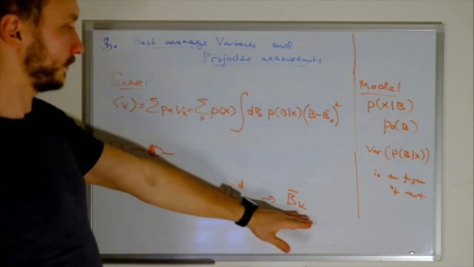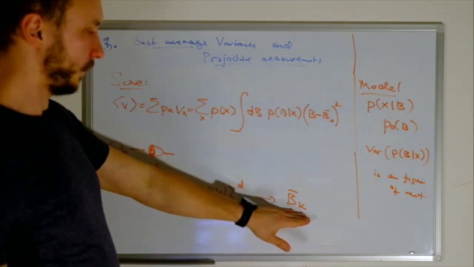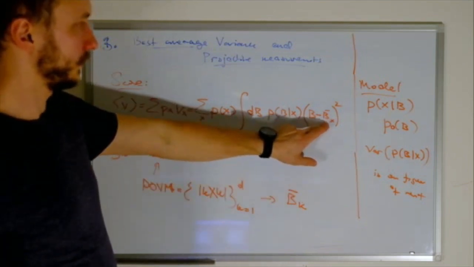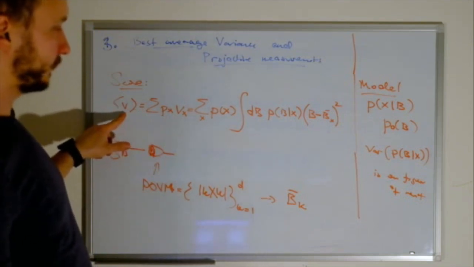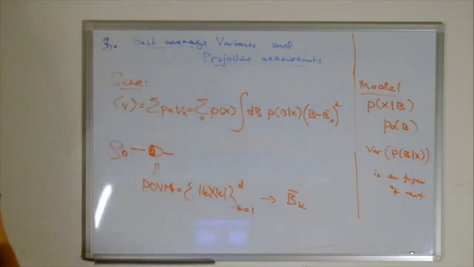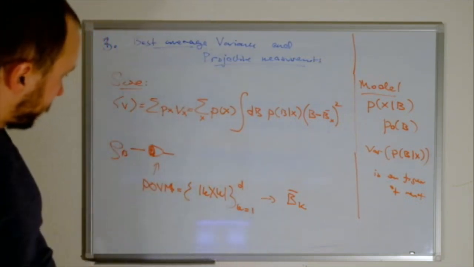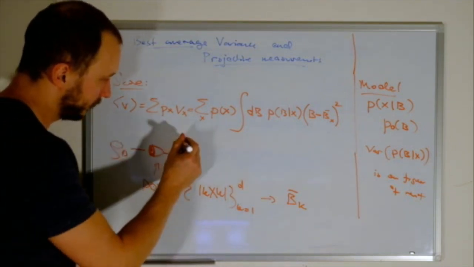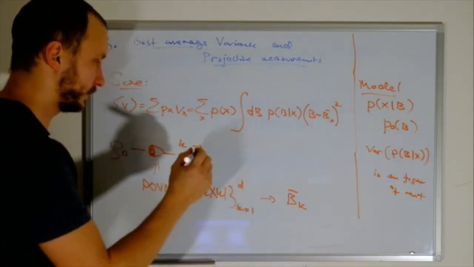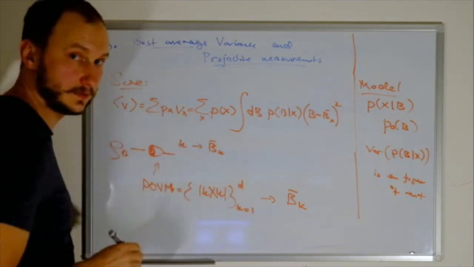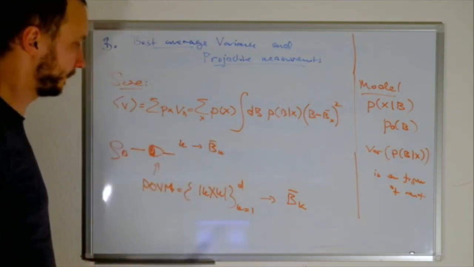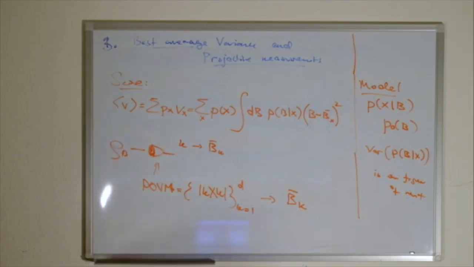But let's keep it open for the moment, because we can just optimize this value, and this will bring us to the least possible variance. So so far I observe the value k, and I say the field is bk, and I will keep this value bk free for the moment. So what's nice now?